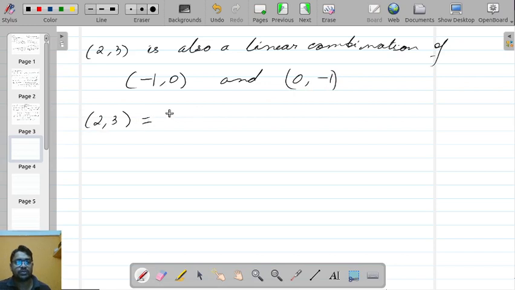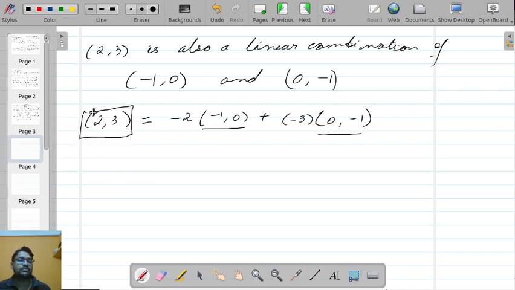I can very easily write it as -2 times (-1, 0) plus -3 times (0, -1). If you apply the scalar multiplication rule, -2 into -1 will be 2, and -3 into -1 will be 3, so it will be (2, 0) plus (0, 3), that is (2, 3). So (2, 3) is also a linear combination of these two vectors. A particular vector can be expressed as a linear combination of various vectors.